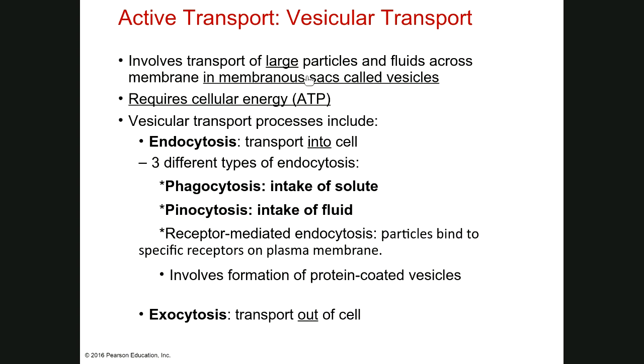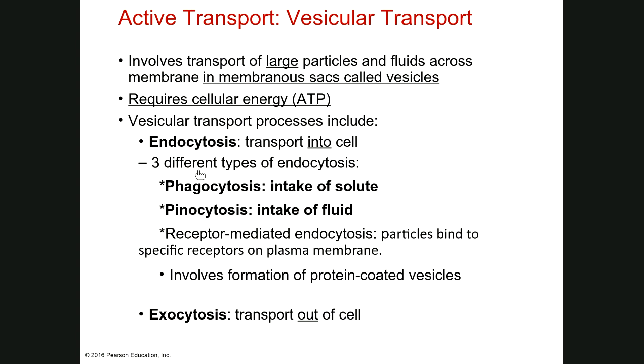What we're doing in this case is we're transporting large things, large enough that we're going to actually need to encircle those things into little sacs. These little sacs are called vesicles, so that's why it's called vesicular transport. Remember, this is a type of active transport, so it does require ATP.